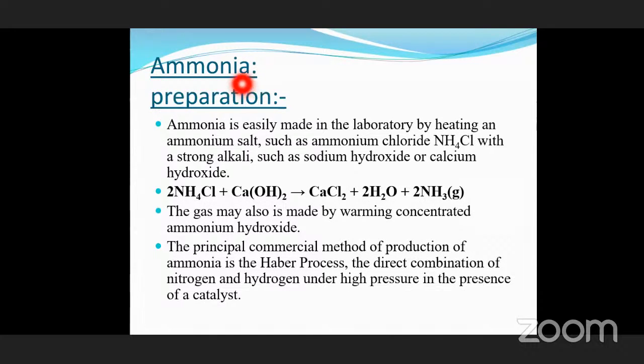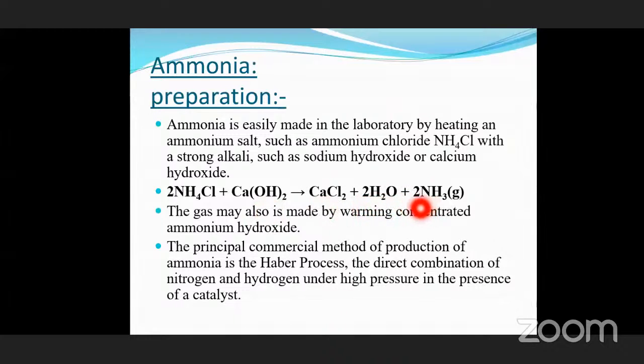It is very important. In this chapter, the Haber process is important, that is the preparation of ammonia. Here, how to prepare ammonia? When ammonium chloride is reacted with calcium hydroxide, what is formed? Calcium chloride as well as water, and ammonia.